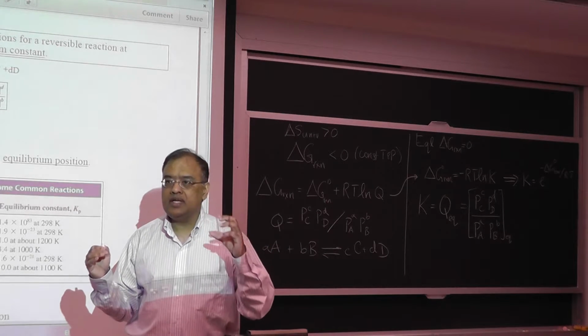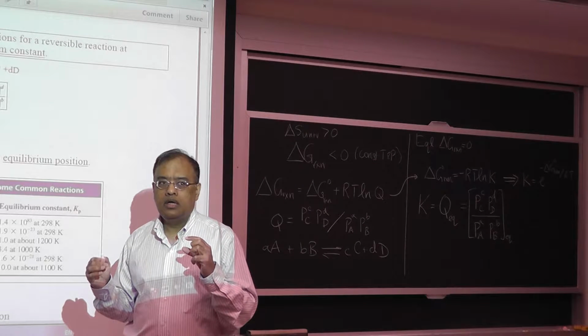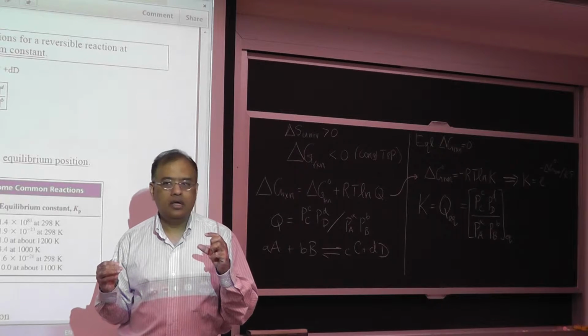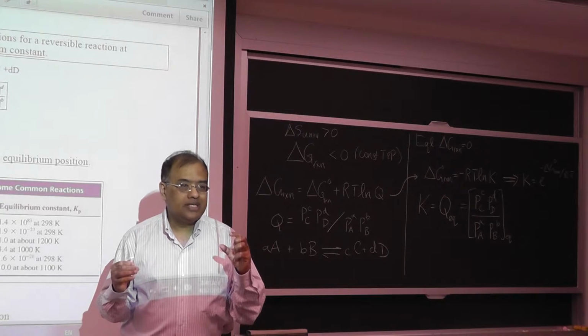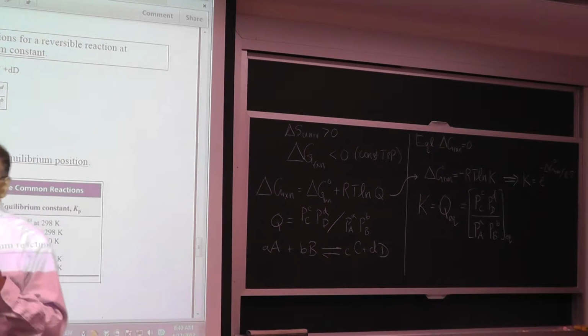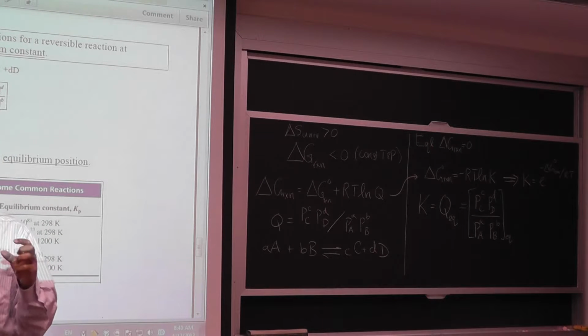Delta G naught depends only on what? Temperature. Delta G naught reaction does not depend on pressure. It doesn't matter whether you conduct the reaction at 1 bar or 10 bar or 100 bar.